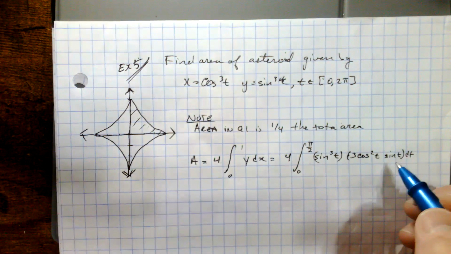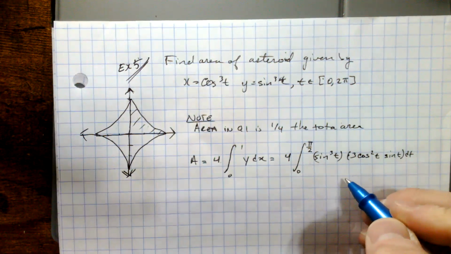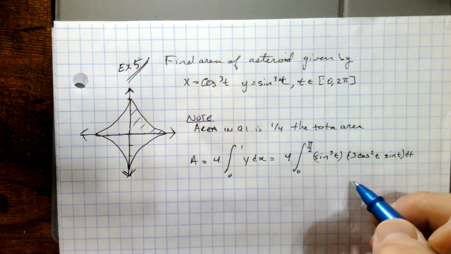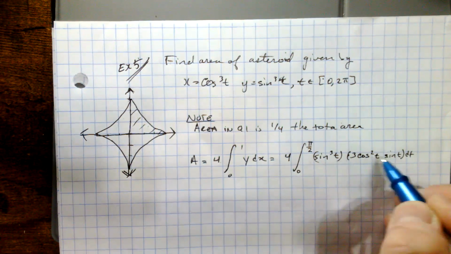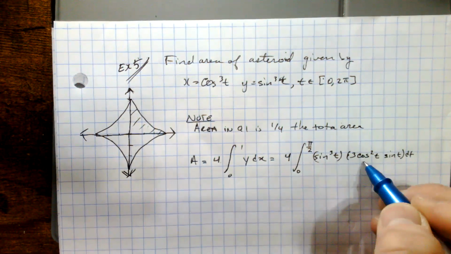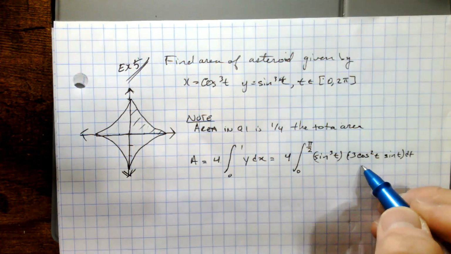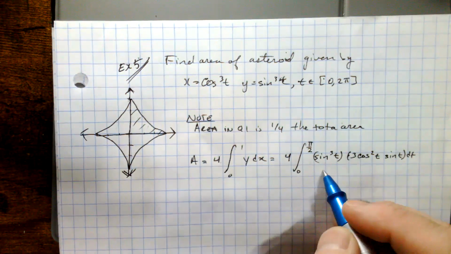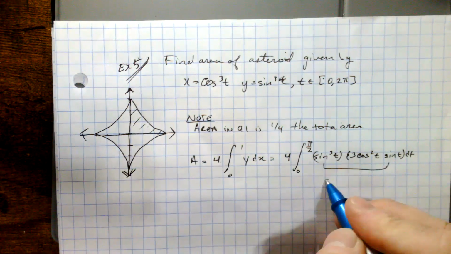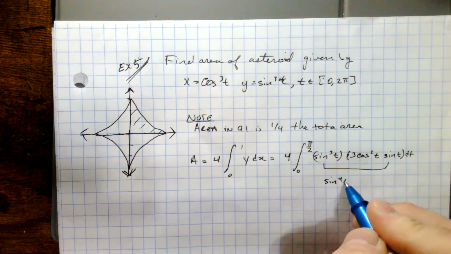Okay, let's see. This is sine to the fourth here, and then a cosine squared there. So this is sine to the fourth t.